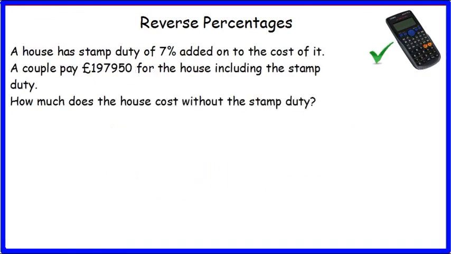If there's a stamp duty of 7% added onto the cost of it, I could pay £197,950 for the house, including the stamp duty. How much does the house cost without the stamp duty? Again, I'm going to lay it out.